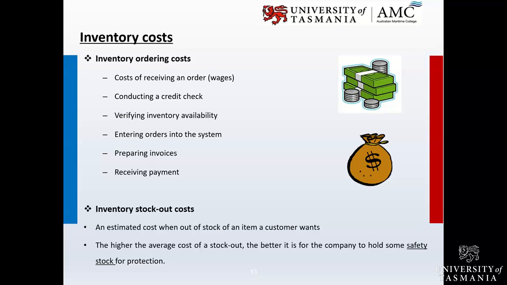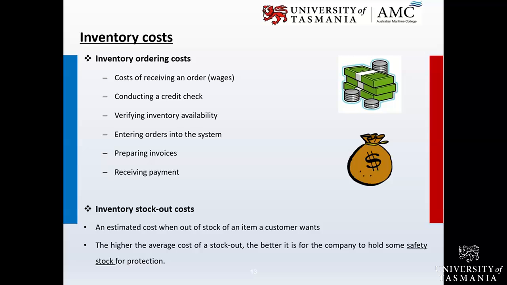So this is a kind of ordering cost. You need to conduct a credit check. This will result in ordering cost. All these activities will result in costs, and these costs are classified as ordering costs.